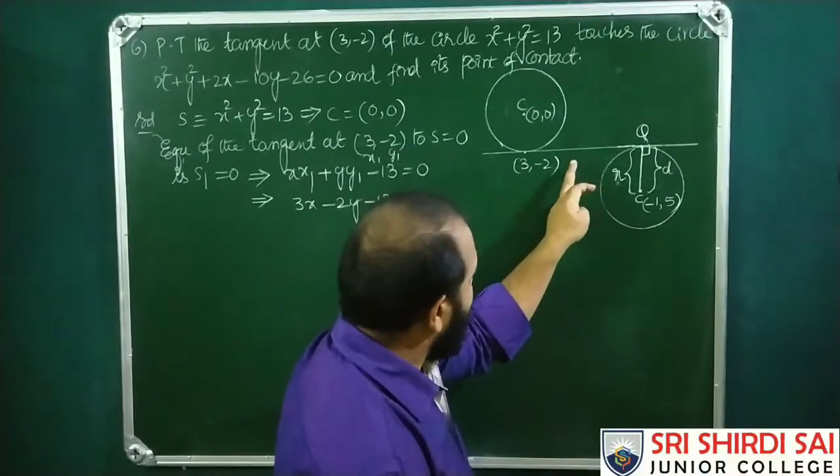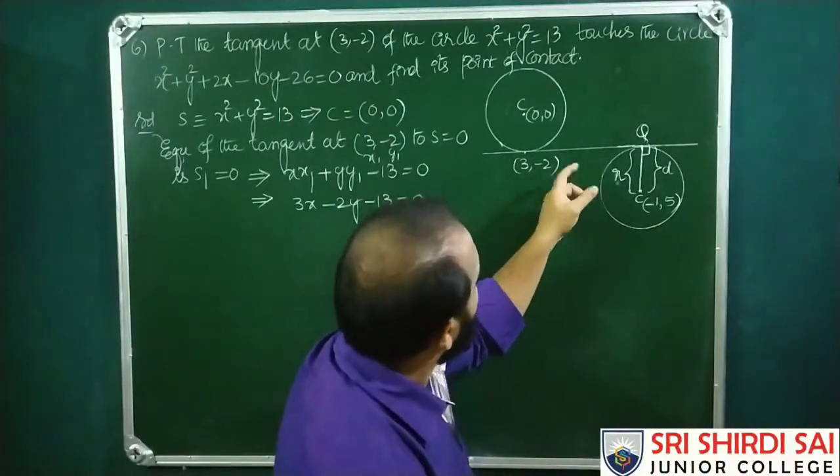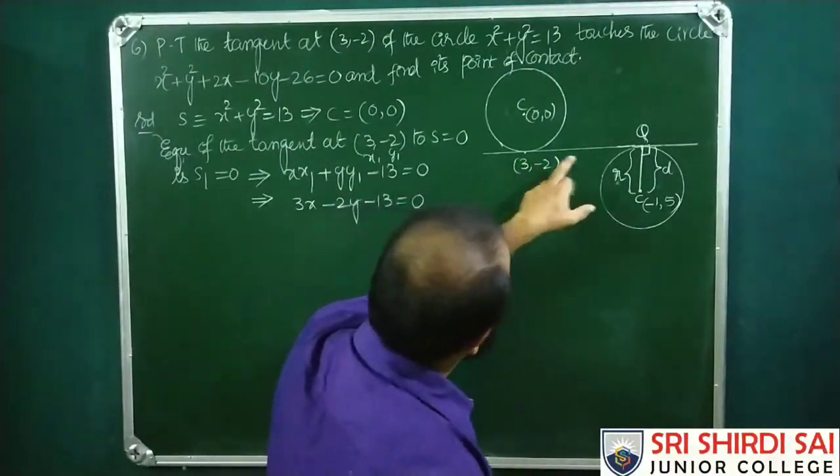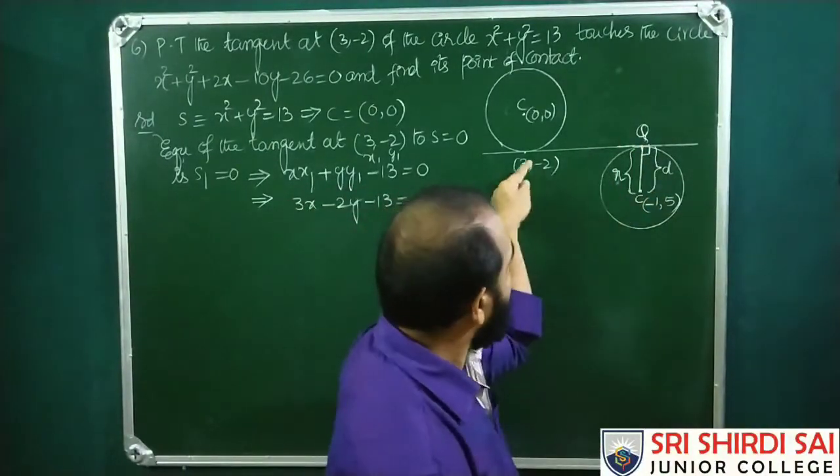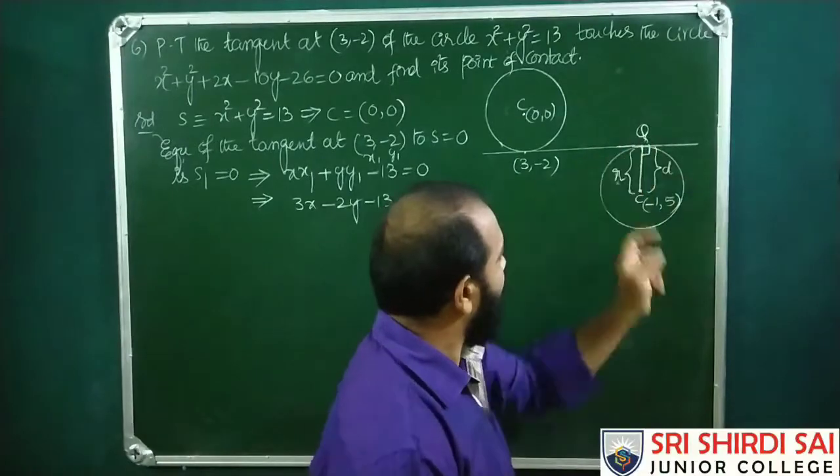The tangent is also a line. So we need to show that this line touches this circle. Clearly the diagram shows that this line touches this circle.